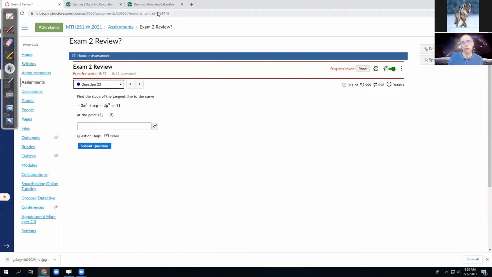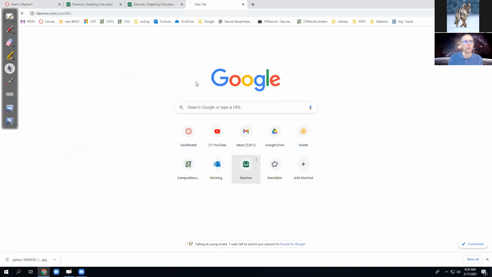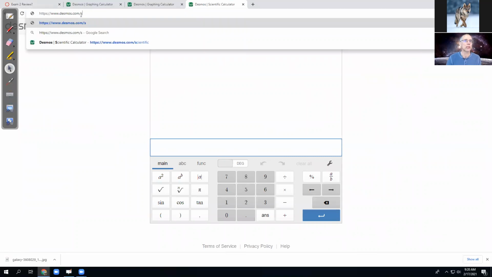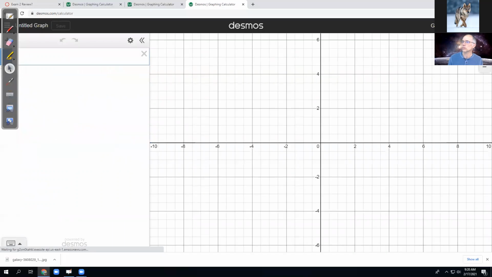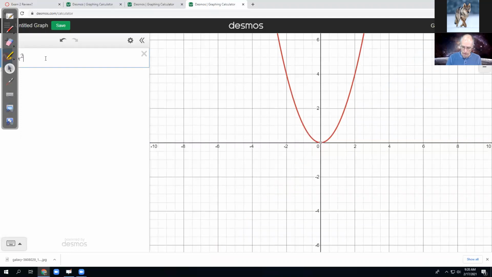This is a cute graph, so let's graph it. Let's see, we have a 3 and a 2. Desmos, oops, wrong one. I have to calculate these. So x squared minus xy.